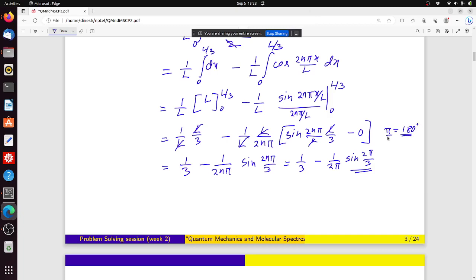This is in radian form, this is in degree form. So 2 pi means 360, divided by 3, so this is sine of 360 by 3, that means sine 120 degrees. How much is sine 120 degrees?